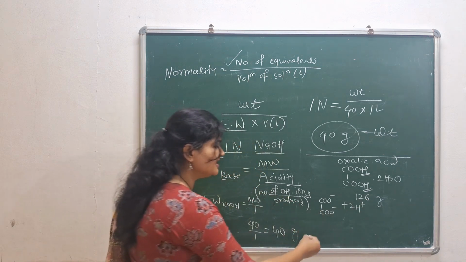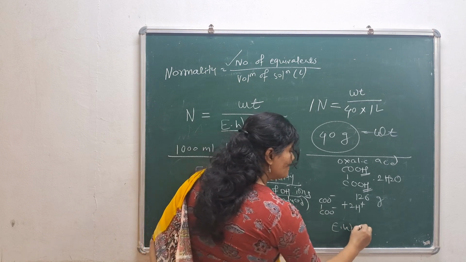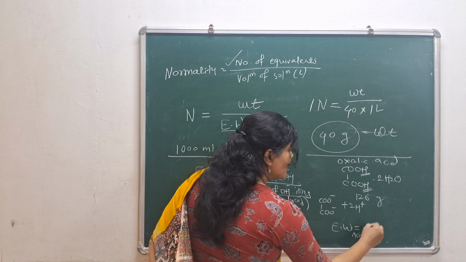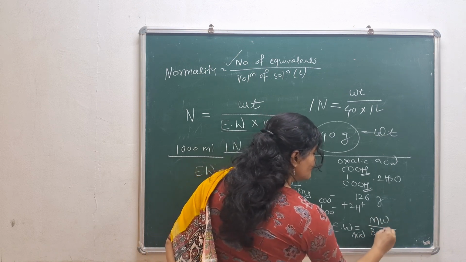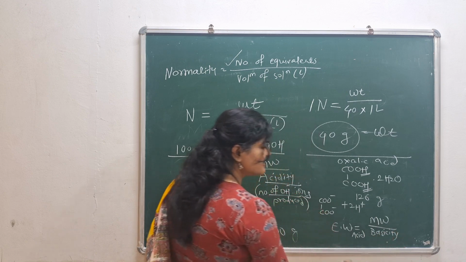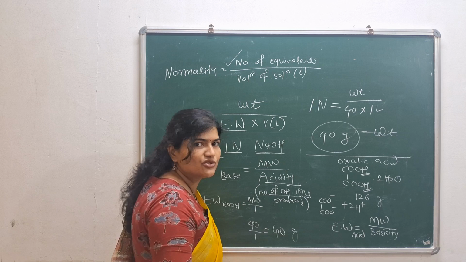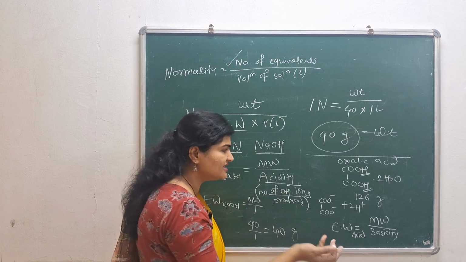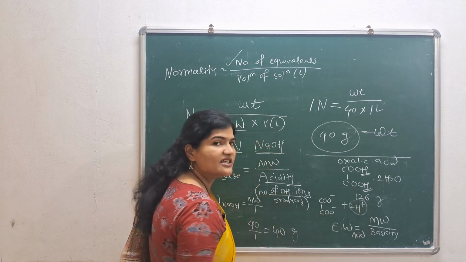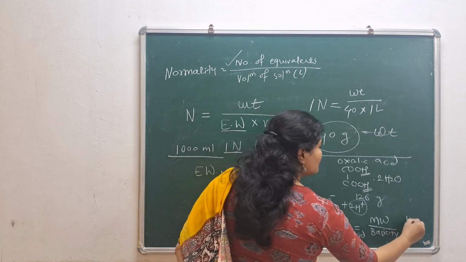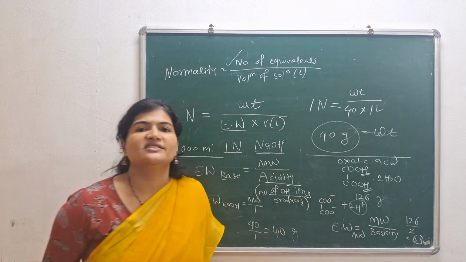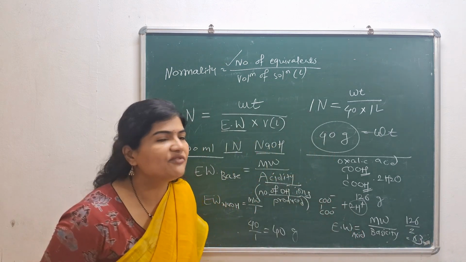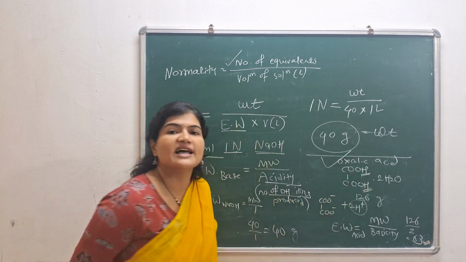So when I need to calculate the equivalent weight for an acid, I put molecular weight upon its basicity, and basicity is nothing but the number of H+ ions produced. Here 2 H+ ions are produced. So the molecular weight, 126, divided by 2 comes to 63. So 63 grams will be the equivalent weight for oxalic acid.